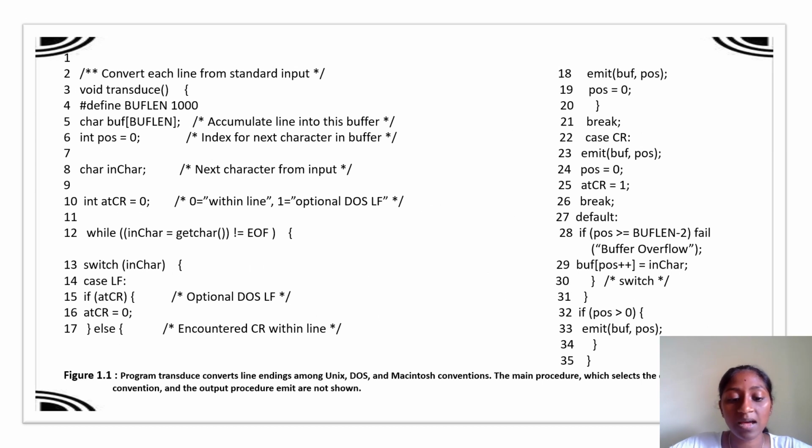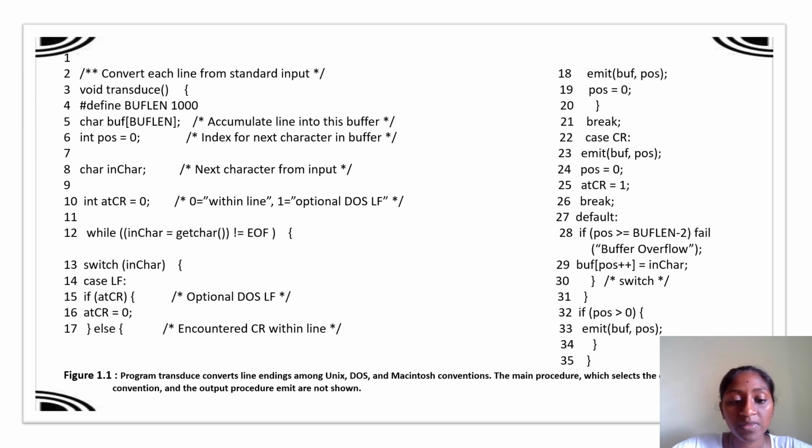Here is a program transduce which converts the line endings between Unix and DOS. Firstly, convert each line from standard input. Void transduce, we have to define the buffer length that is equal to 1000. Character buffer of buffer length. In this statement, it accumulates the line into this buffer. Next, int position is equal to 0, the index for the next character in the buffer.